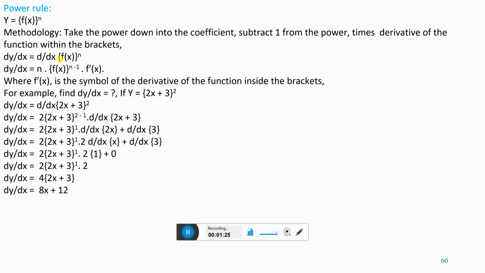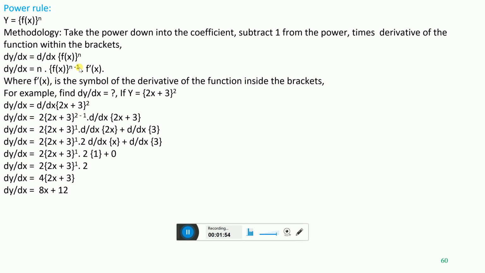Now how to find its derivative? Dy over dx is equal to, we will take this power n down and write it in the coefficient of the function. So we take this power n down and we write it here. So we write the exponent n in the coefficient of the function, and we subtract 1 from the power, n minus 1.